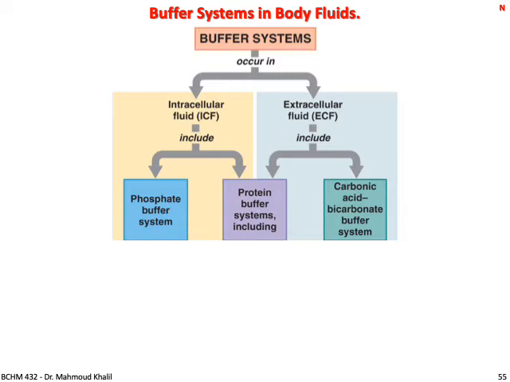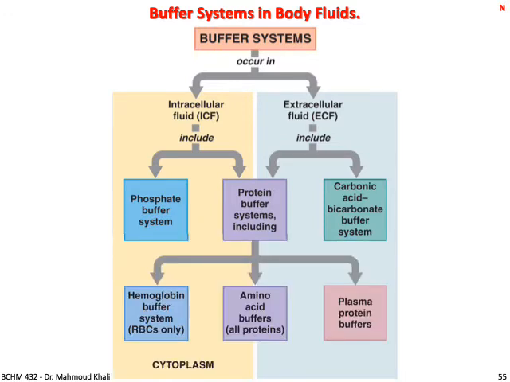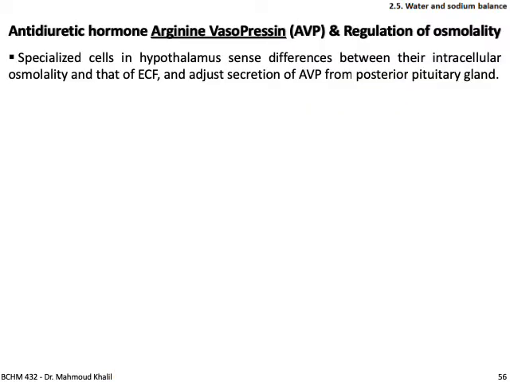So basically we have two separate systems for each type of fluid, and a common system for both of them. The protein buffer system includes three other buffer systems: the hemoglobin buffer system for the red blood cells only, in the ICF, and the plasma protein buffers for the ECF. They have a common buffer system, the amino acid buffers, for all proteins.